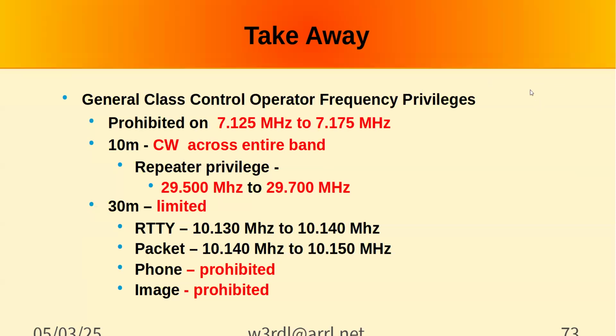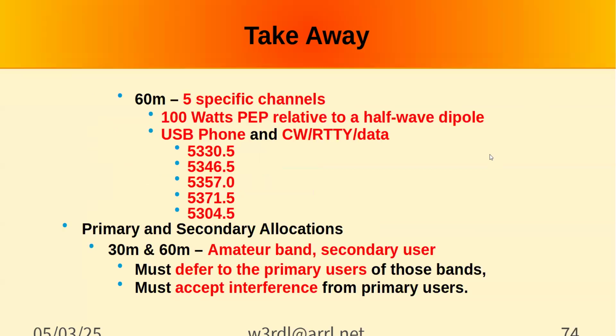There's restricted repeater privileges on 10 meters at 29.5 to 29.7. 30 meters is limited to RTTY on those frequencies. Phone and image are prohibited on 30 meters. 60 meters is weird. I don't know who uses it.